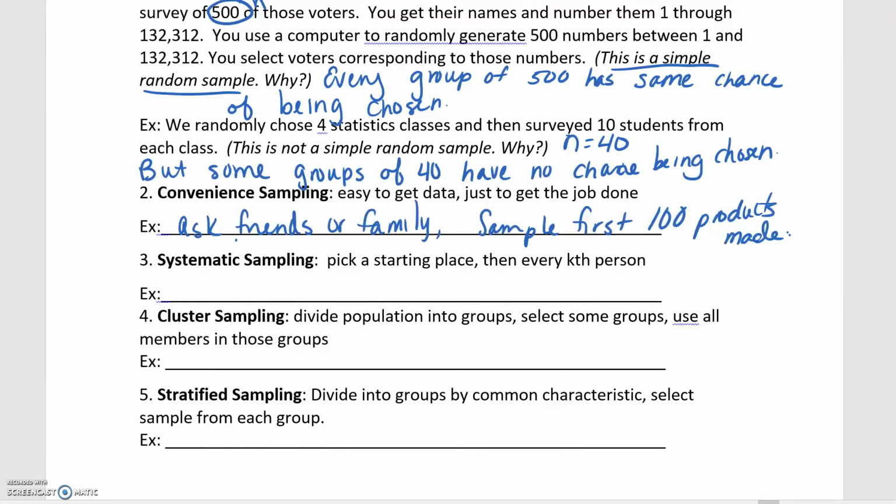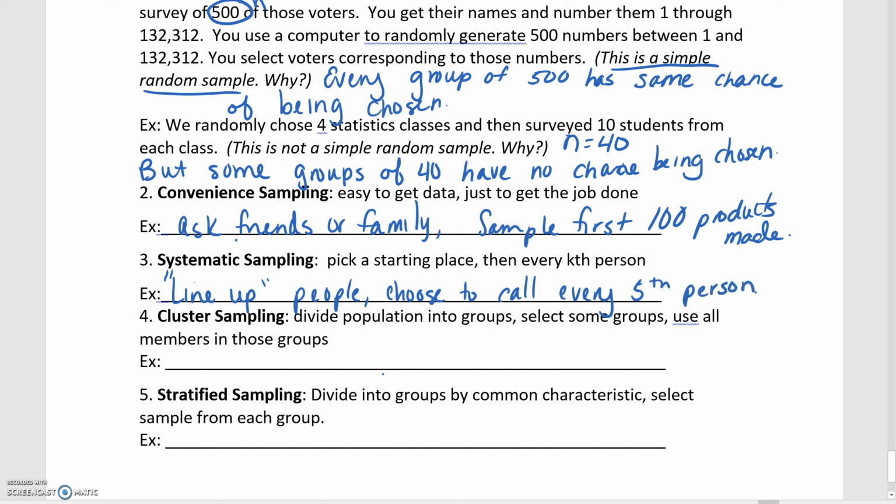Another method is called systematic sampling. This is where you pick a starting place, and then you pick every kth person. So, for example, you line up people, and this could be on a list or whatever, and you choose to call every fifth person.